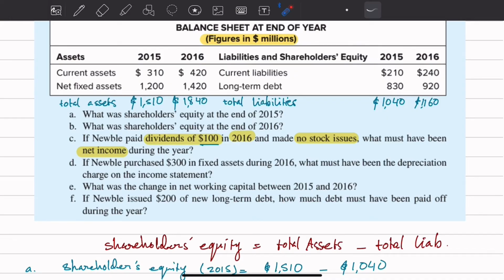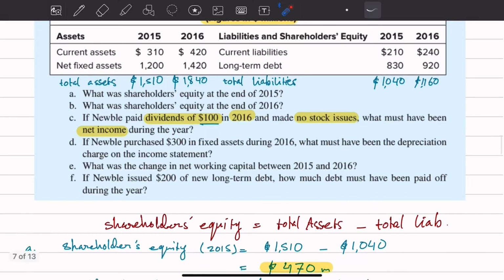Because the question is telling us that they have purchased fixed assets worth 300 million, and the change here is only 220 million, that must mean that the difference between those numbers is what was charged to the depreciation expense account.